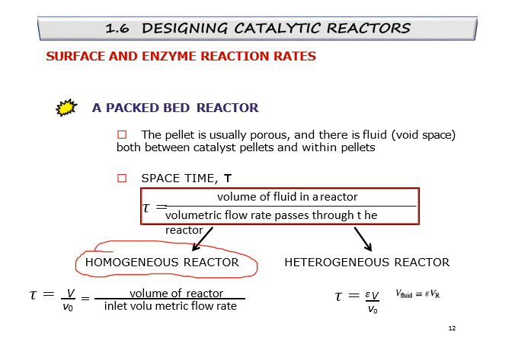We did not take different phases into account, we assumed everything is one phase. So it is volume of reactor divided by volumetric flow. But if we take different phases in the reactor, which is heterogeneous, we have to take the epsilon into account over here. Okay, tau is equal to epsilon times volume of reactor divided by volumetric flow.